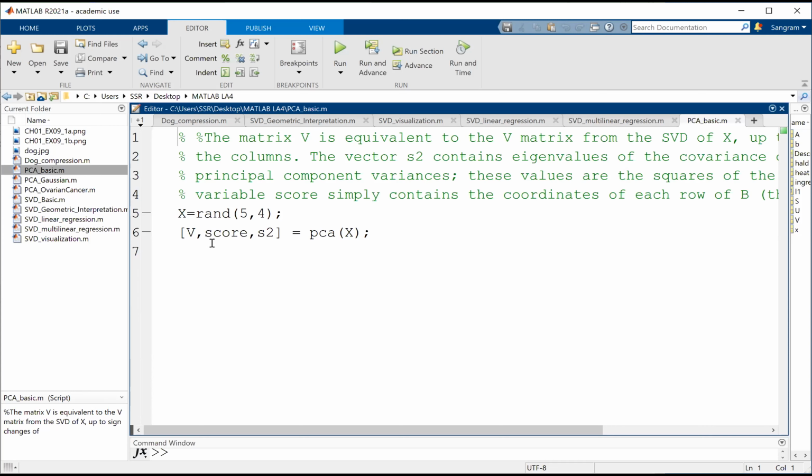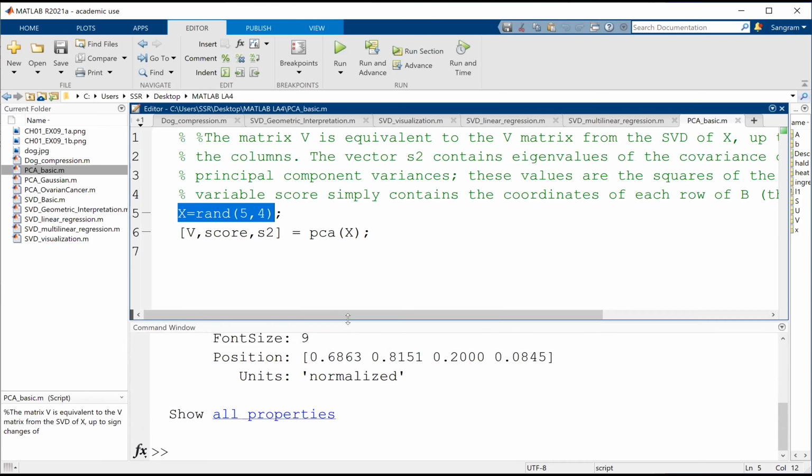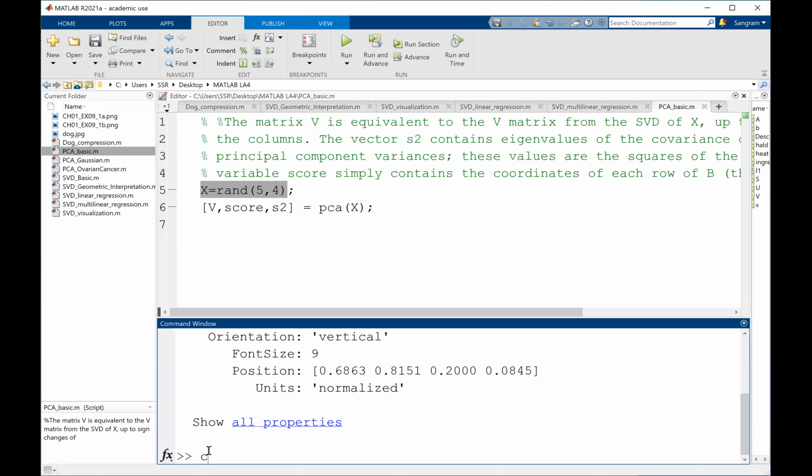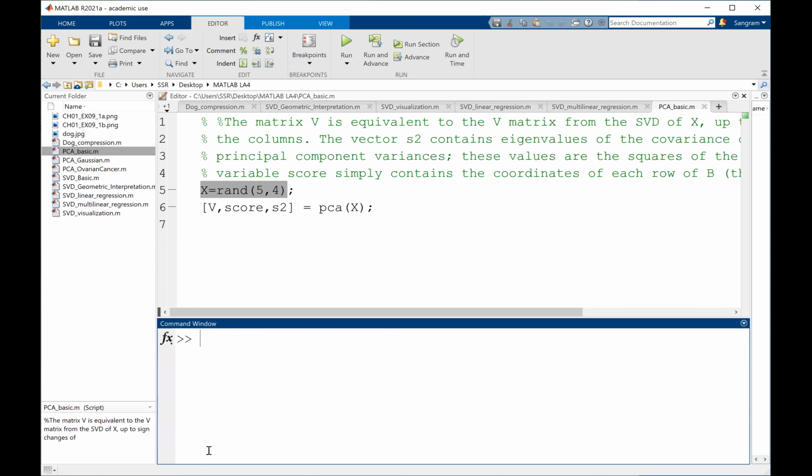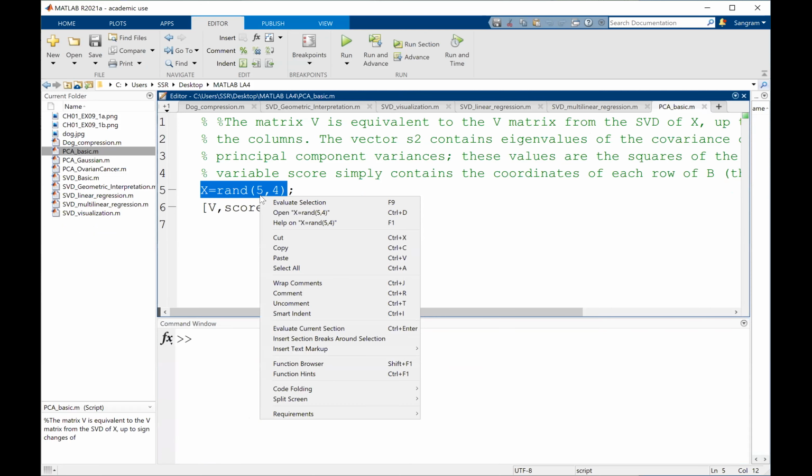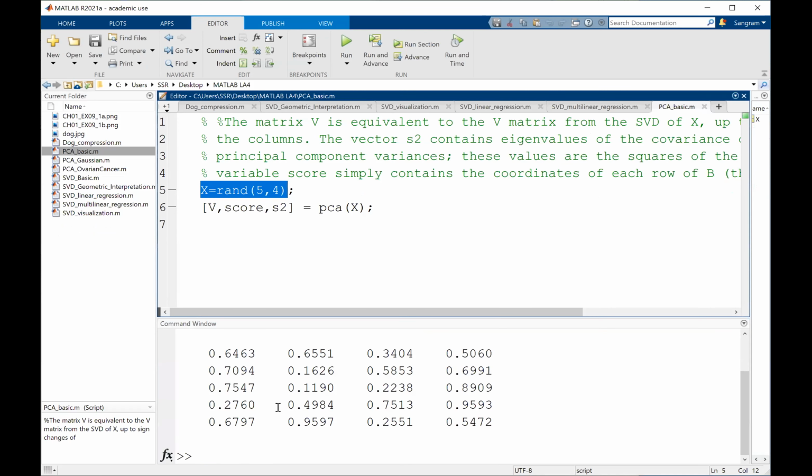So once again, I have a random matrix, and I'm going to perform the principal component analysis. I'm going to clear all, CLC, and create this random matrix, which is 5 rows, 4 columns.